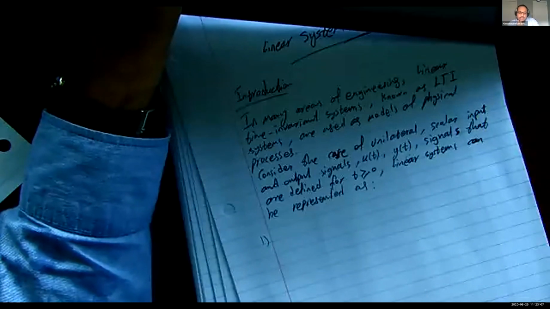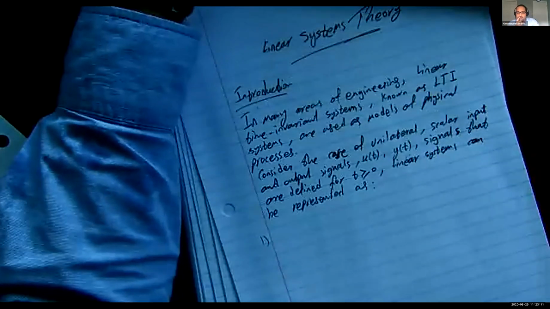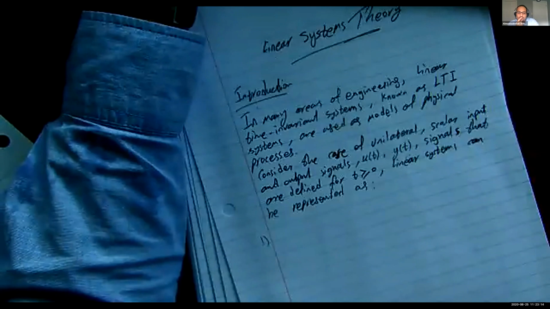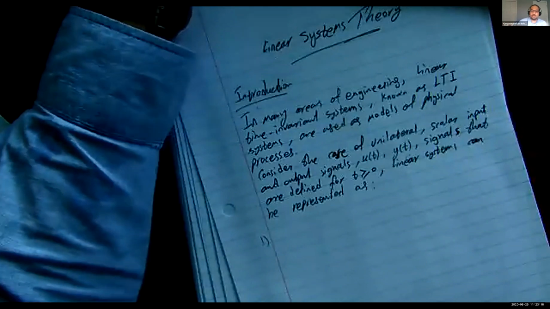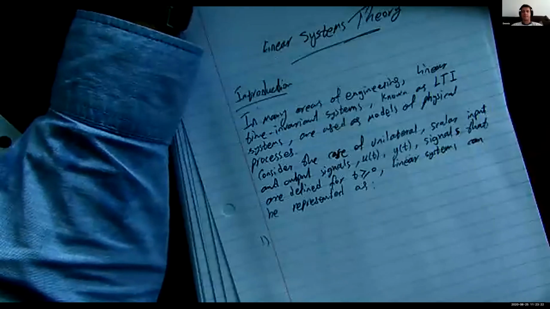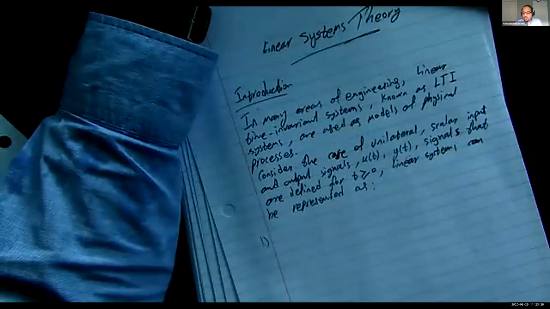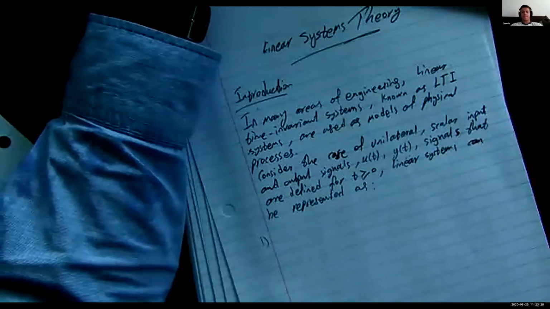Okay, this is one. Is there any other example? What's another way of relating an input to an output of a linear system? A state space representation. Yes, state space representation. This is second. What's the third one?